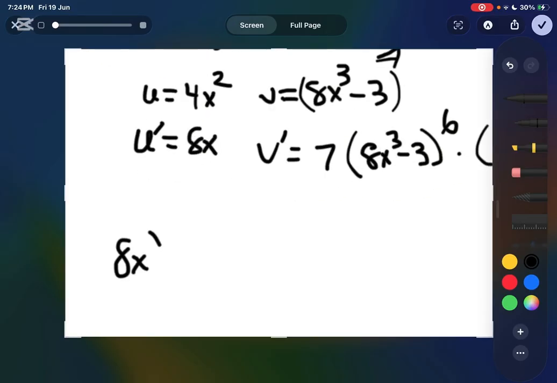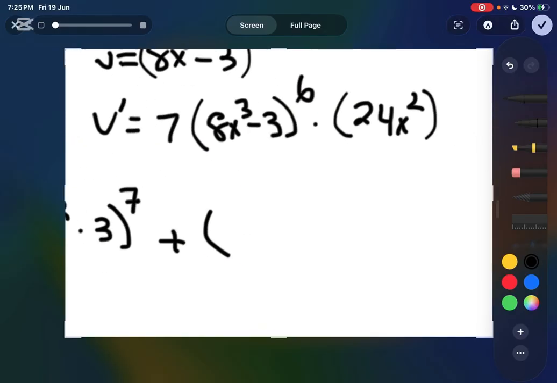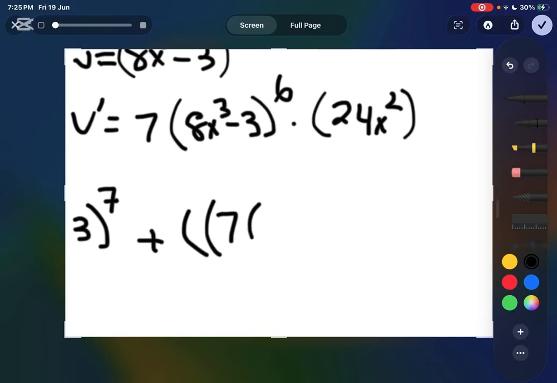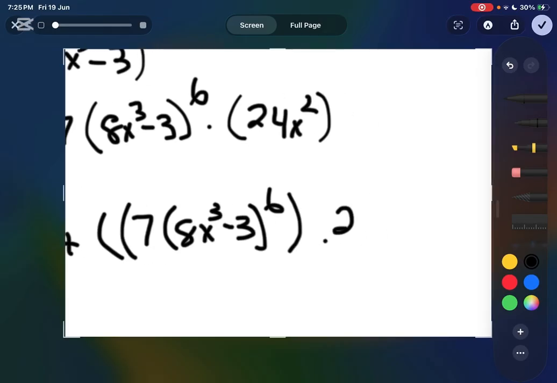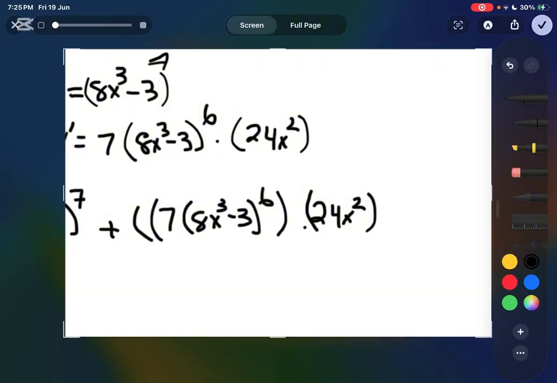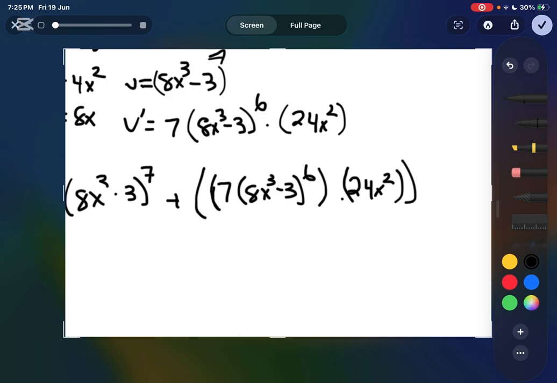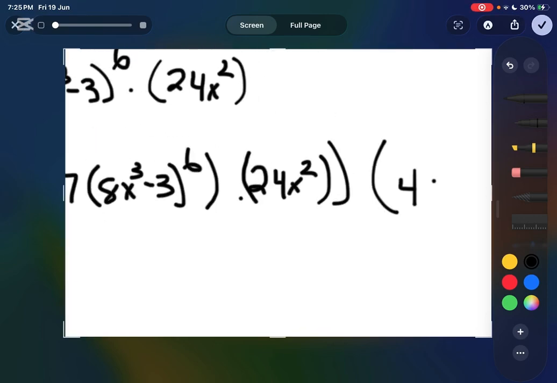So u prime v is 8x times (8x cubed minus 3) all to the power of 7, plus v prime u, which is 7 times (8x cubed minus 3) to the power of 6 times 24x squared times 4x squared.